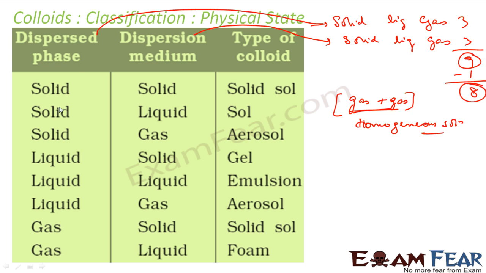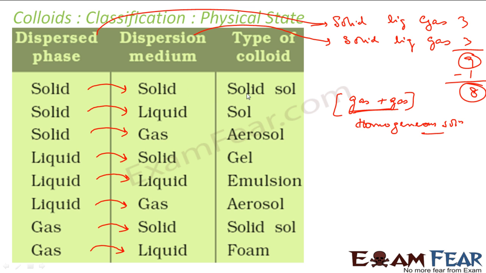So these are the 8 possible systems: solid particles in solid medium, in liquid medium, in gas medium, liquid particles in solid medium, in liquid medium, in gas medium, gas particles in solid medium, and gas particles in liquid medium.